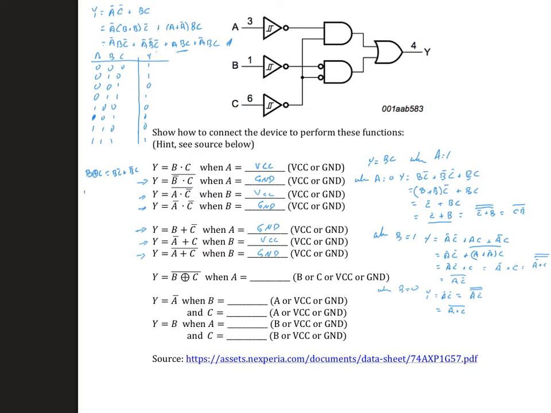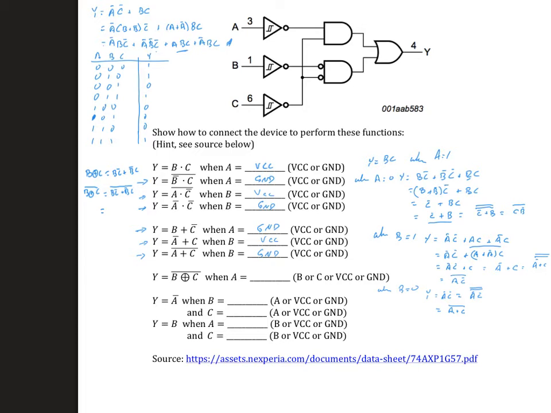So when B XOR C bar, that's going to be equal to B C bar or B bar C bar, like that. And that's going to be, we can now use De Morgan's law.